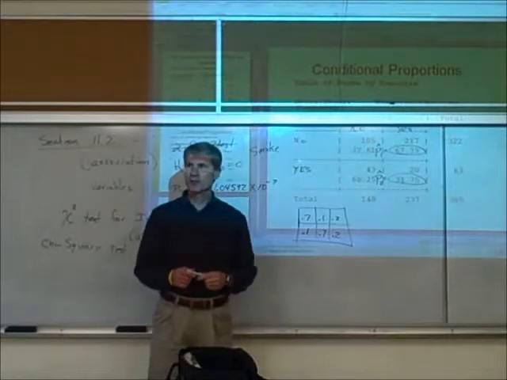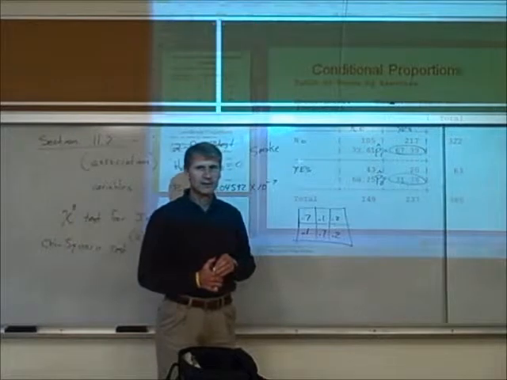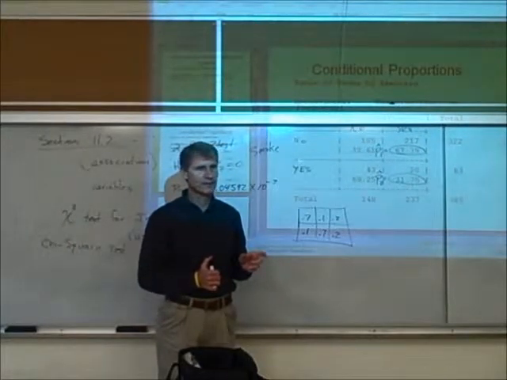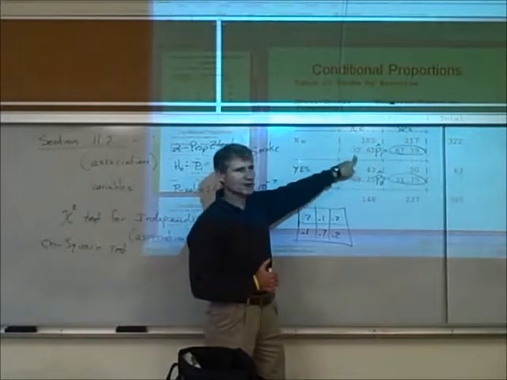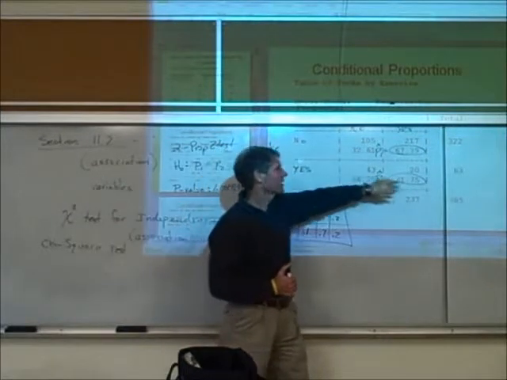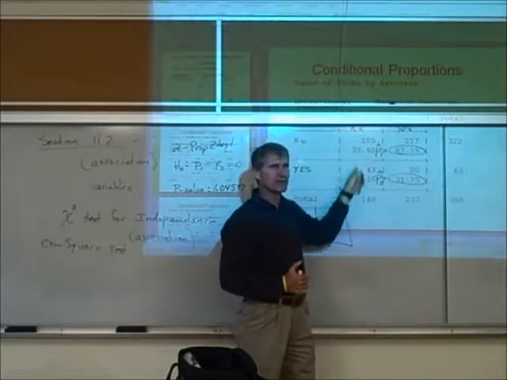Now wait a minute, I always get this question right here: don't you have 4 proportions in this table? Yeah, but if I know this proportion, then I know this one by default. So this column is redundant information. If you tell me how many there are and how many successes there are, I can tell you how many failures there are.